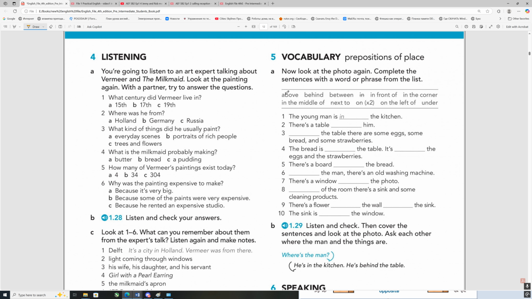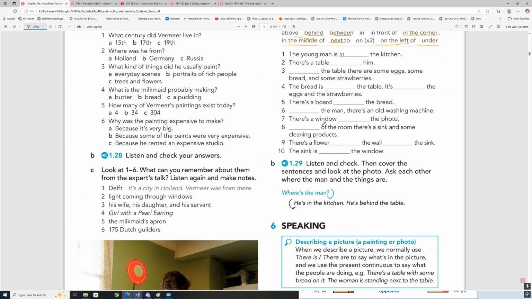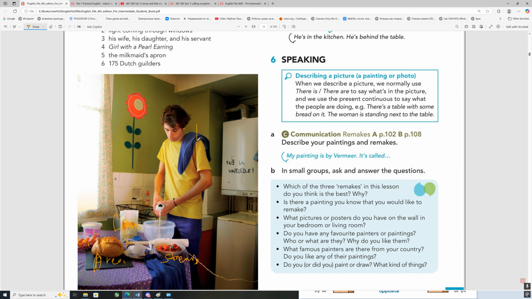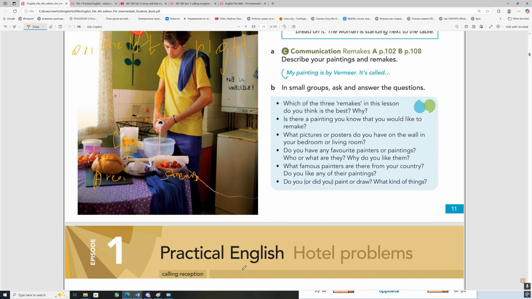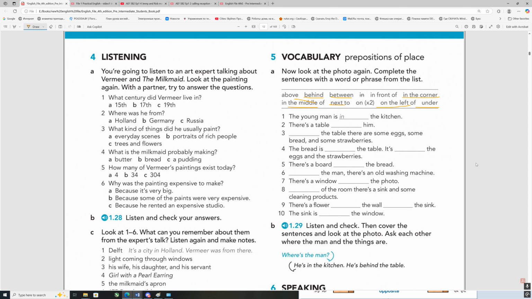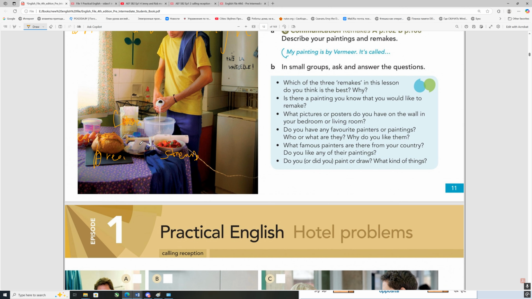Okay, choose between these prepositions: above, behind, between, in the corner, in the middle, next to, on the left, and under. On the left. Okay, no, you are wrong, unfortunately. It's not the right place. Under.